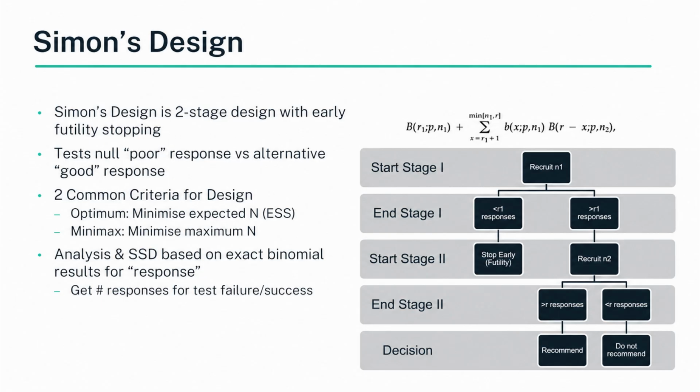The first is the optimal design, which refers to the design which minimizes the expected sample size while also satisfying the error constraints. And then the second option is the minimax design, which targets the design which minimizes the maximum expected sample size.